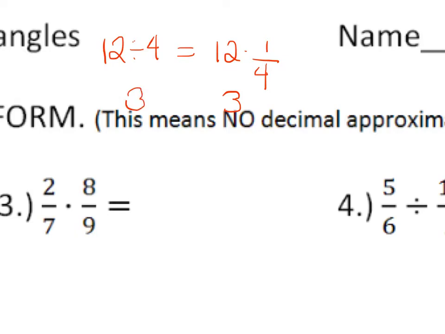This is the whole idea behind the keep, change, flip. We keep the 12, change the division to multiply, and then flip the second fraction. Well, if it's a whole number, whole numbers are all over 1. When we flip it, we'd have a fourth.